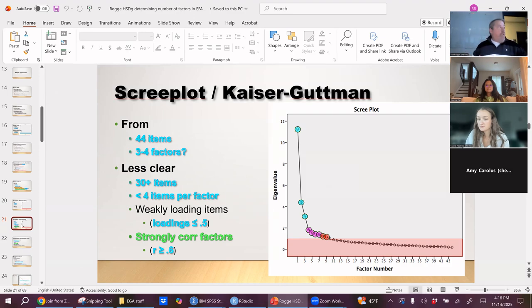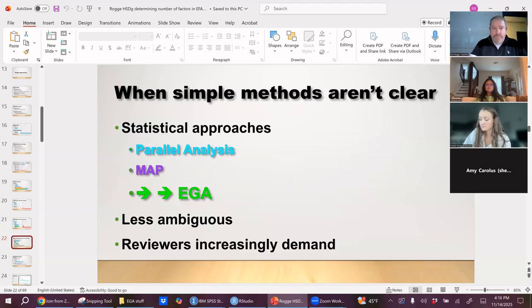And it's like, where in those pink or red things do you say, okay, this is where it's scree? It's just ambiguous. So when simple methods aren't clear, we're forced to turn to statistical approaches. Parallel analysis being probably the one that reviewers have asked me for the most.